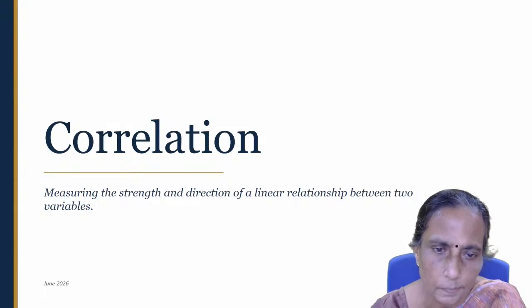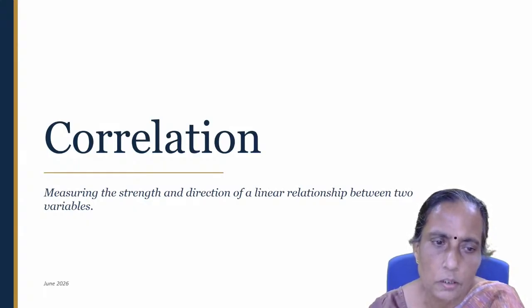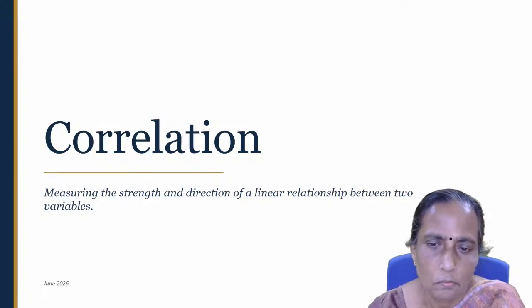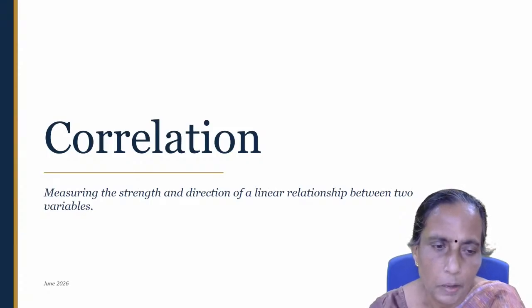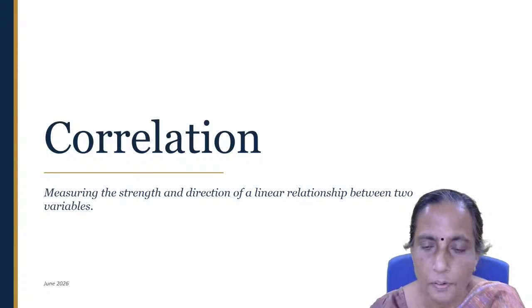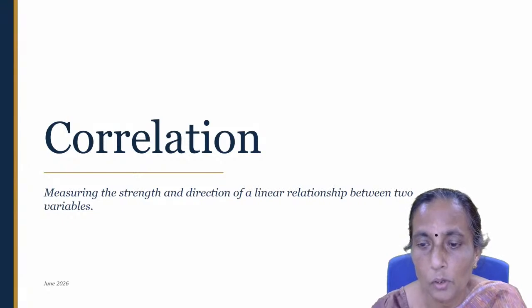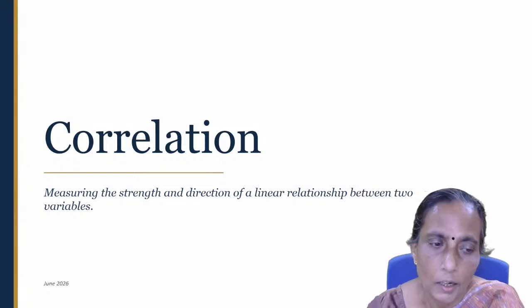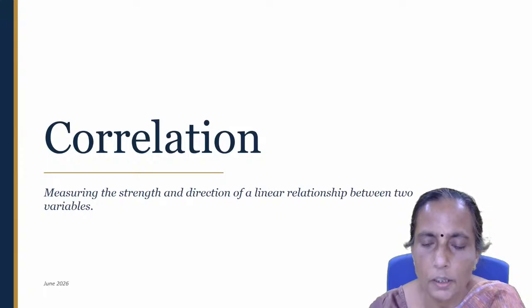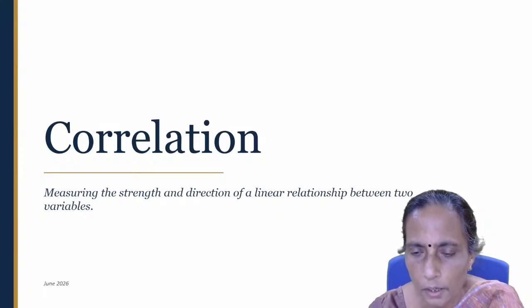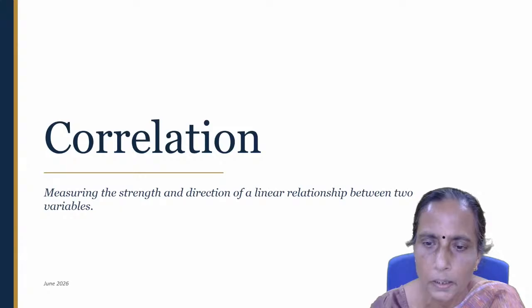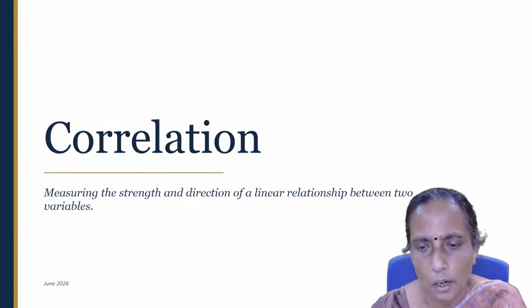correlation, which is the tool, or the method, for measuring the strength and direction of a linear relationship between two variables. This speaks about how the two variables are associated with each other, whether they are positively associated, negatively associated, linearly associated, multilinearly associated, and so on.